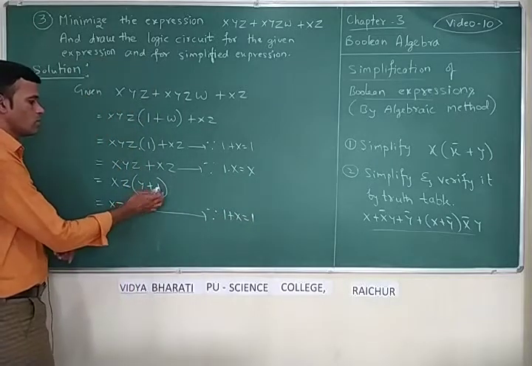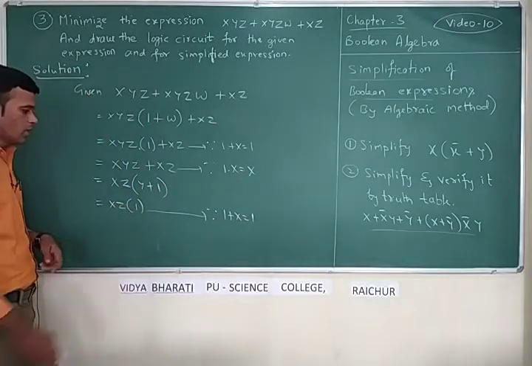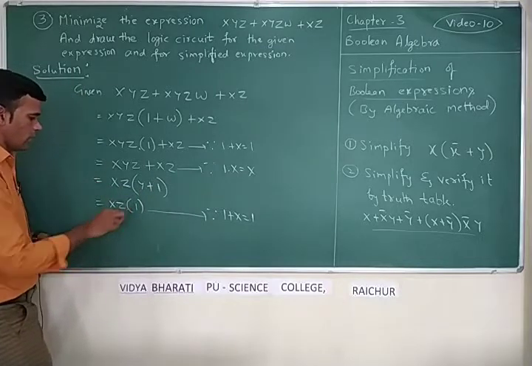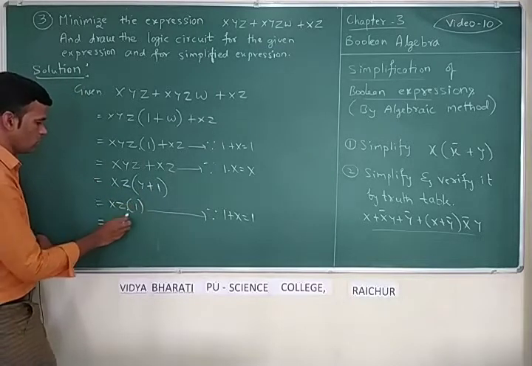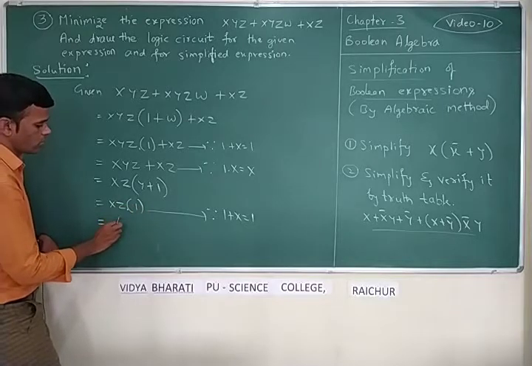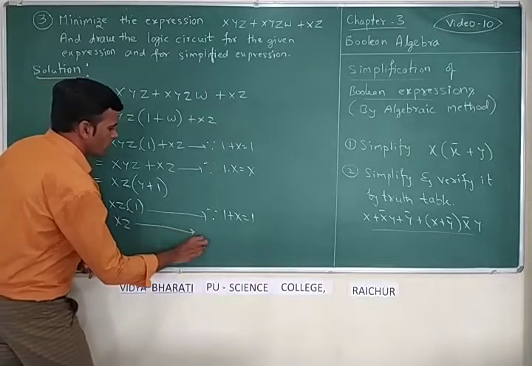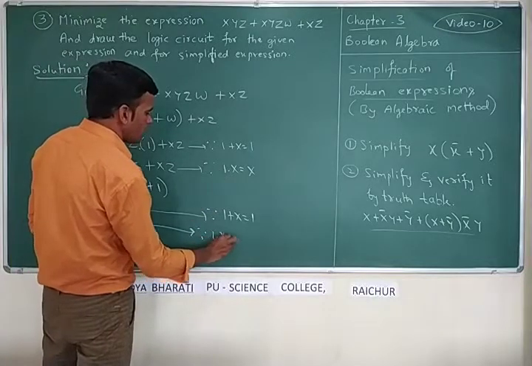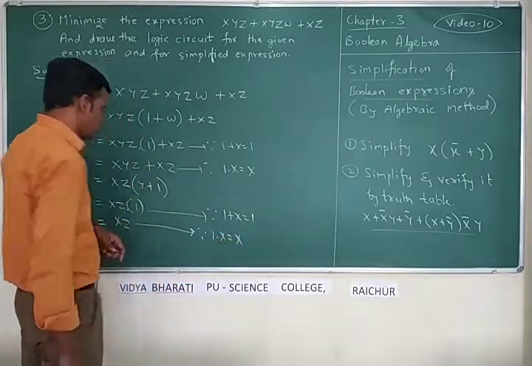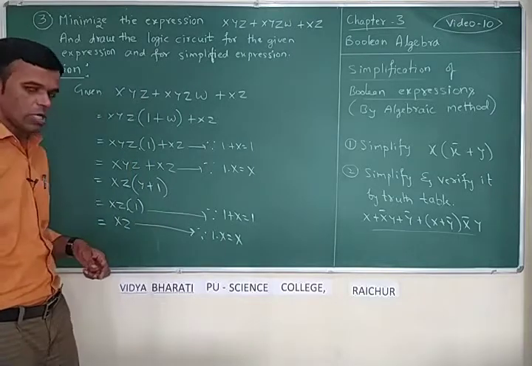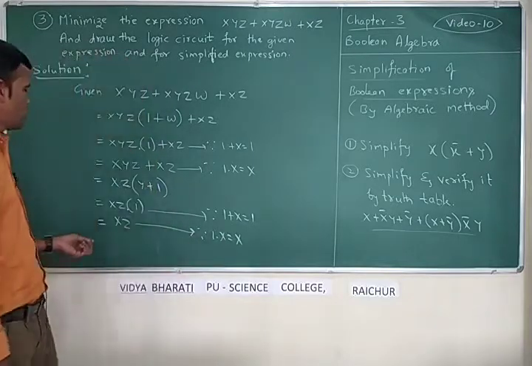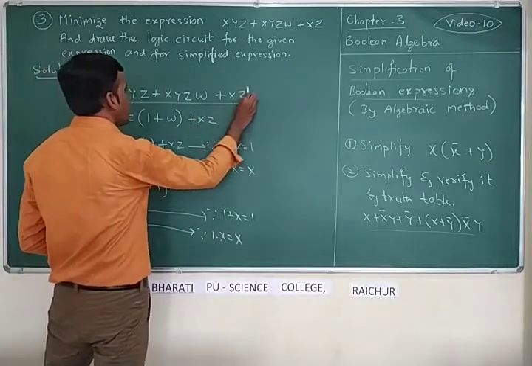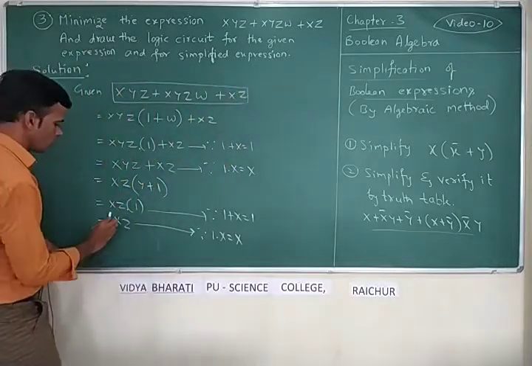So here y plus 1 or 1 plus y is 1, again this property. So xz AND operation with binary value 1 is going to be only xz, because we have used this particular property or theorem, 1 into x is x. So further simplification is not possible. Now this is going to be the simplest form of the given expression. So this is the answer now.